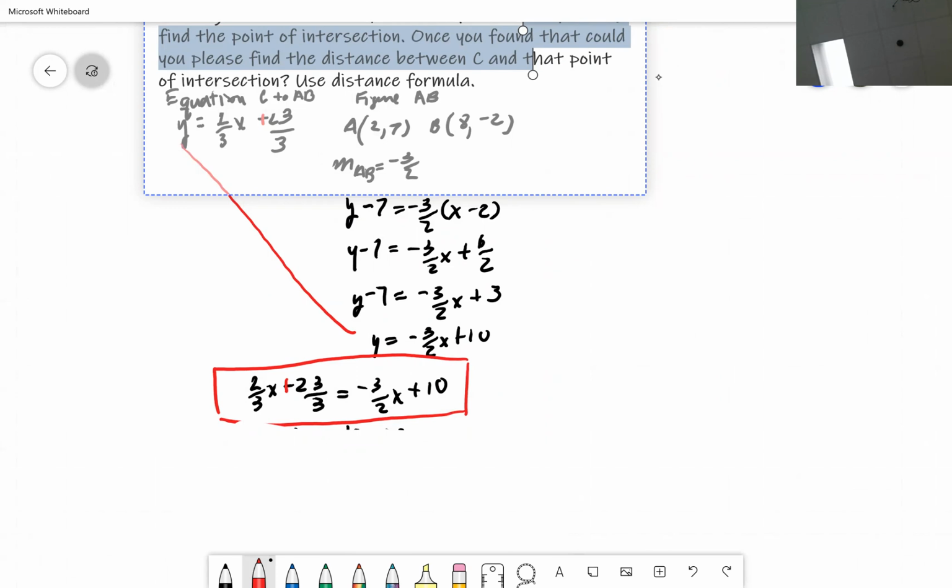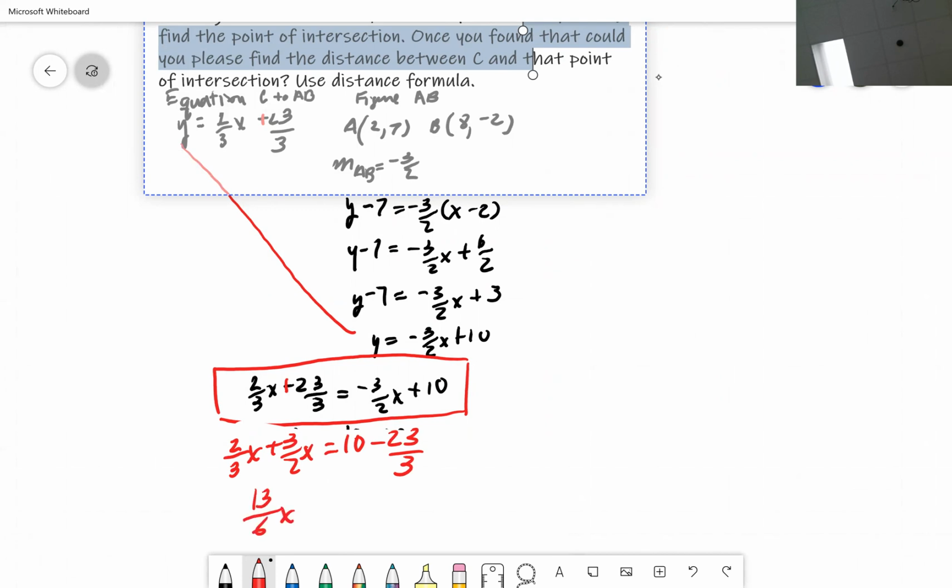All right, so let's go ahead and work with 2/3 x plus 3/2 x. But now on the other side, we have 10 minus 23 over 3. For the sake of time, 2 divided by 3 plus 3 divided by 2 is 13 over 6, 13 over 6x.